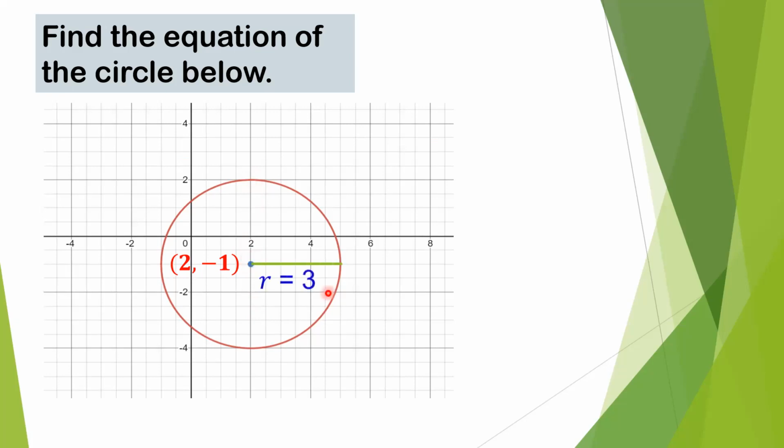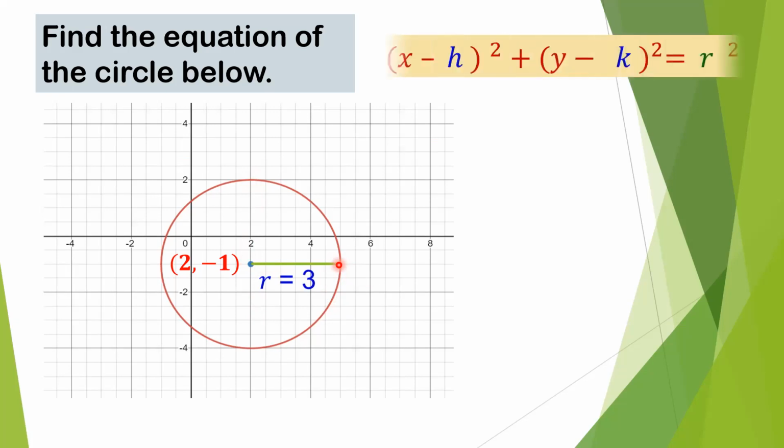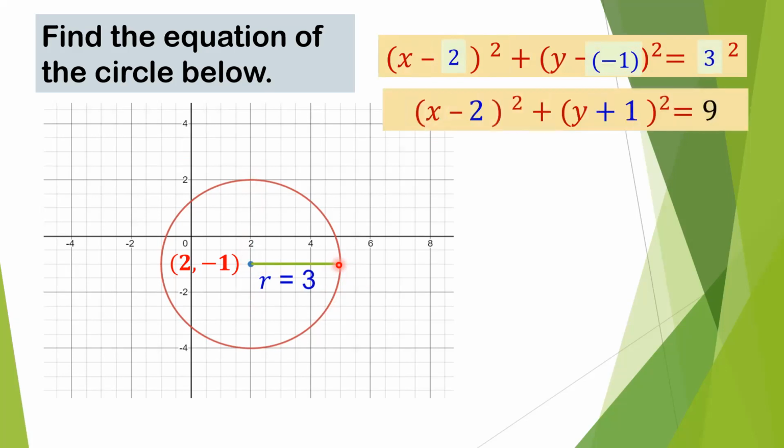It's 3 units away from the center, just like this radius here. Okay, this point here is actually 5, -1. So you have this equation. You just have to substitute 2, -1, and then for our r, we have 3. So simplifying further, that will be x minus 2 quantity squared plus y plus 1 quantity squared equals 9.